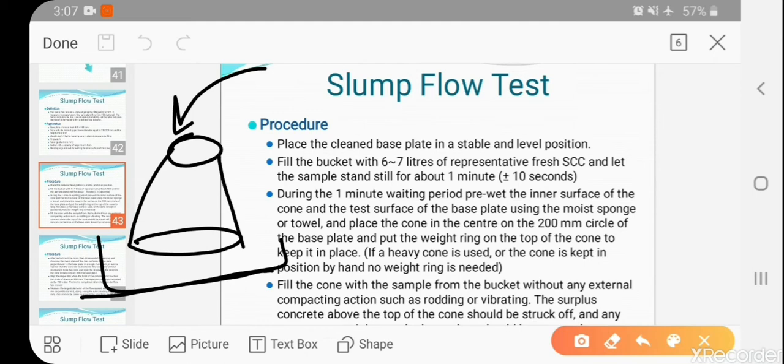During the waiting period, pre-wet the inner surface of the cone and base plate using a moist sponge or towel. Place the cone centered on the 200 mm circle of the base plate. Put the weight around the top of the cone to keep it fixed with the base. If a heavy cone is used, then the cone is kept in position and no weight ring is needed. Fill the cone with the sample.